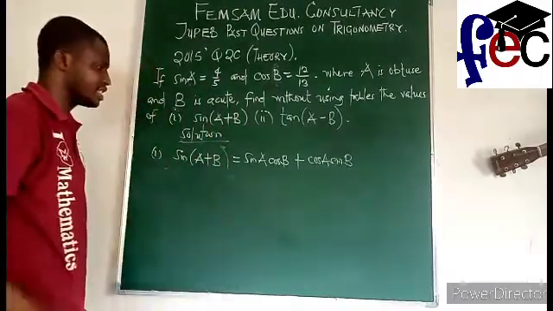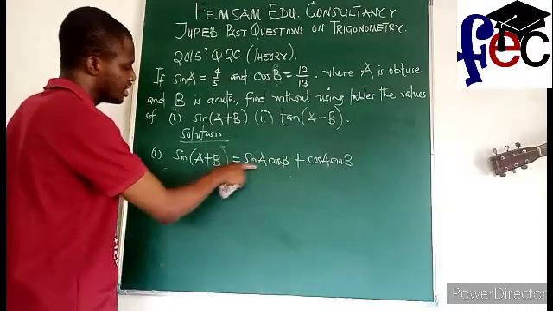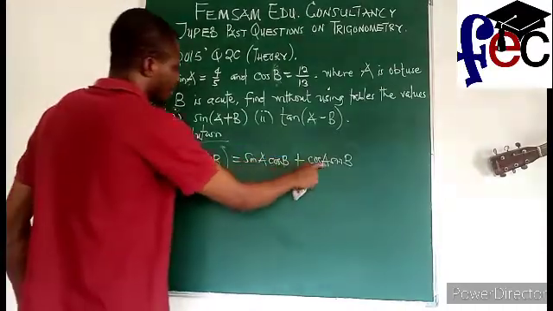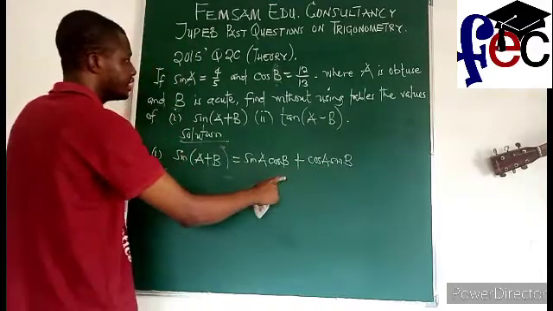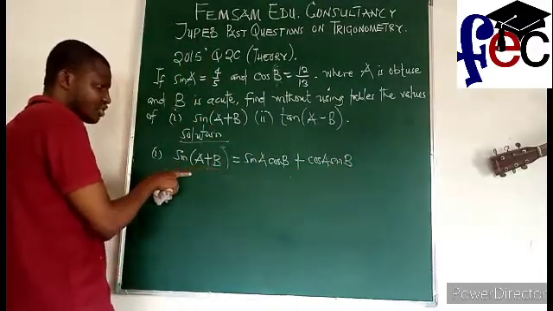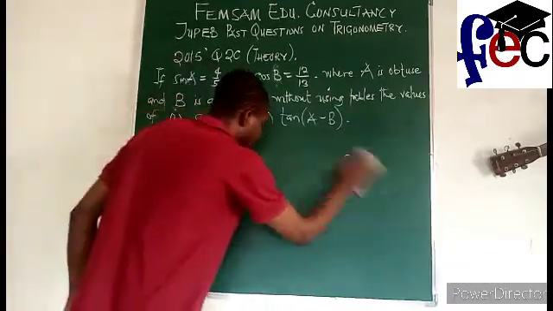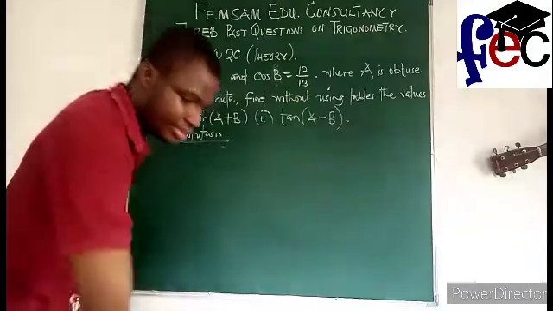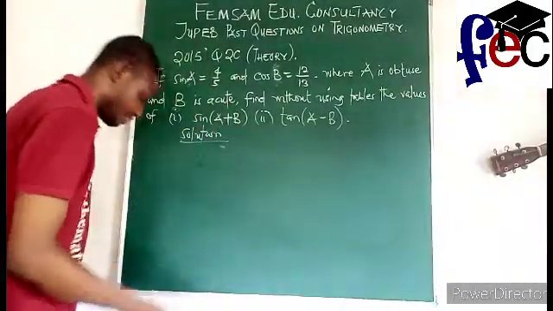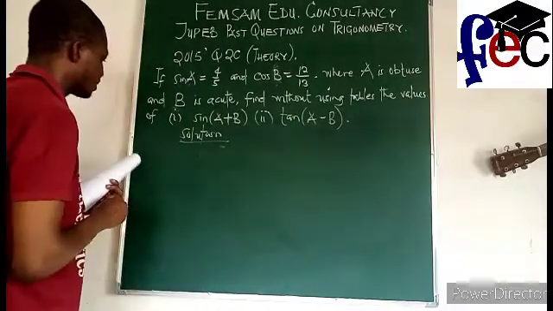Alright, so look at it. This is the way I'm going to do it, because you will realize that we are going to need cos A and we will need sine B. In the expansion of this, I will not write this first. So permit me, I will have to rub this out now, and work based on the fact that I already know what is required.